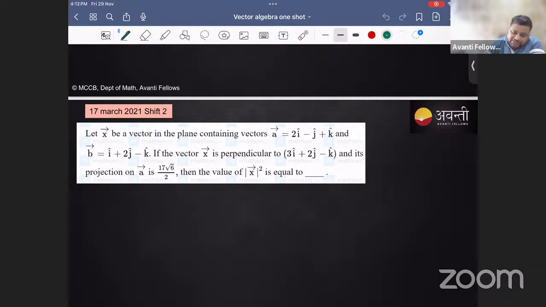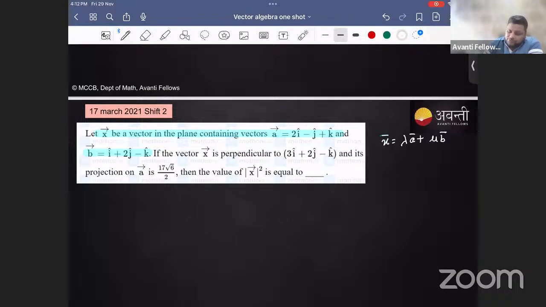See, whenever they say, go step by step. X be a vector in the plane containing this and this. So if there is a vector in the plane of two given vectors, that means it will be a linear combination of these two vectors. That means you can write this vector x as lambda times vector A plus mu times vector B. Lambda and mu are some scalars.